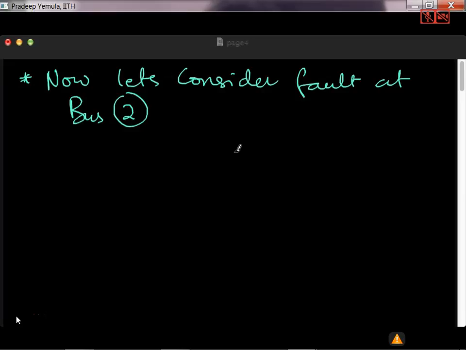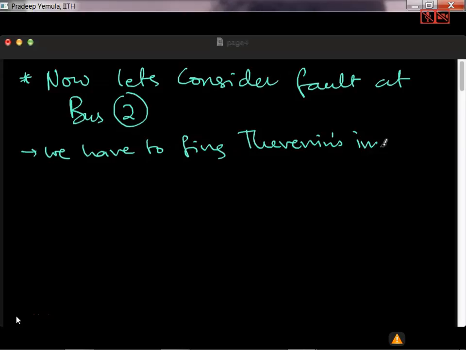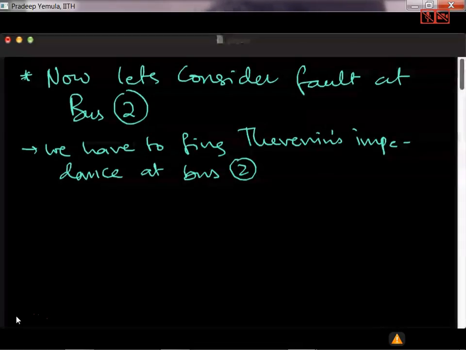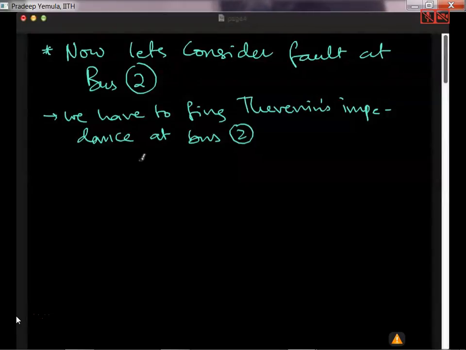What we have to do now? We have to find the Thevenin's impedance at bus 2. That's all. So first let's begin to find that Thevenin's impedance at bus 2.